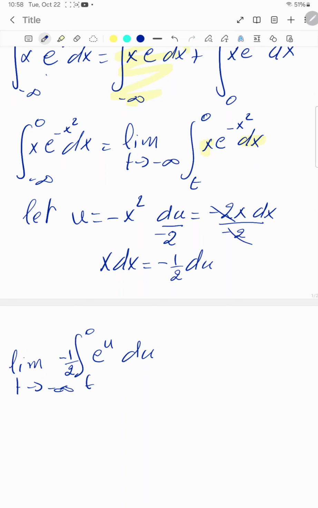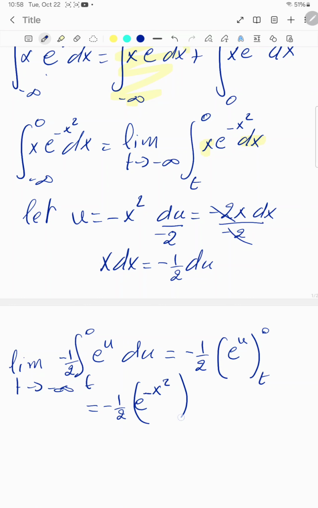But we know the integral of e to the power of u is e to the power of u, so it will become minus 1/2 e to the power of u between t and 0, and let's replace u by its value: minus 1/2 e to the power of minus x squared between t and 0. So the first term would be e to the power of minus 0 squared, which is e to the power of 0.